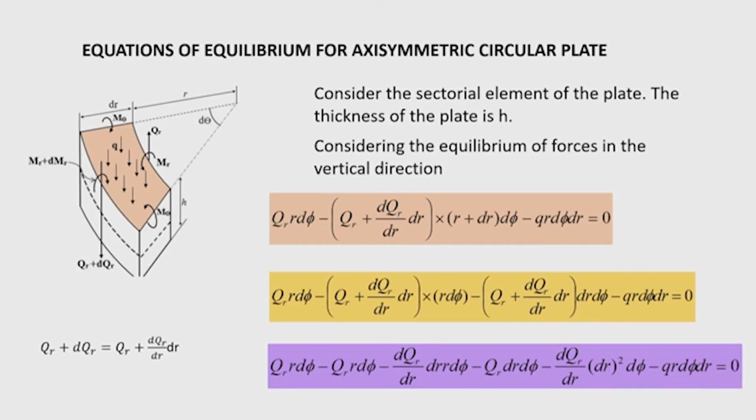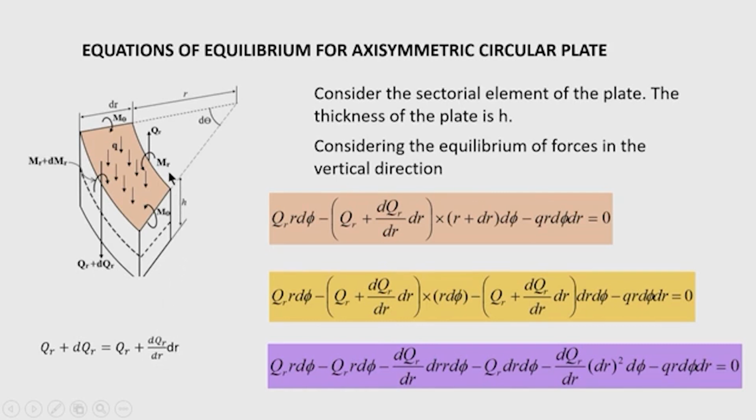Now, the equations of equilibrium of the plate under axisymmetrical condition. Let us consider a portion of the circular plate, and the forces and moments acting on the element are shown. This is Q r. On the opposite edge it is Q r plus dQ r. dQ r has to be understood as the differential incremental term, d Q r by d r into d r.